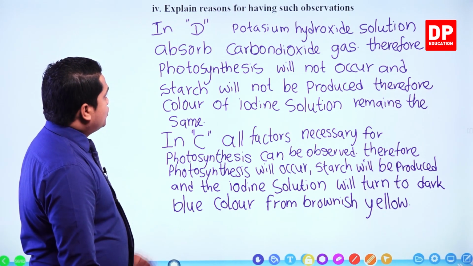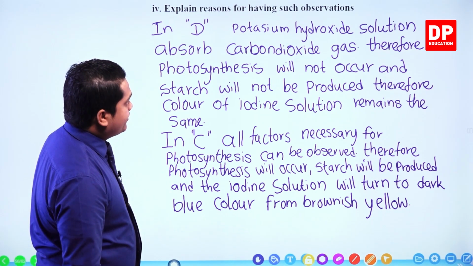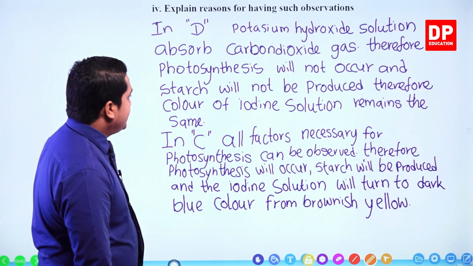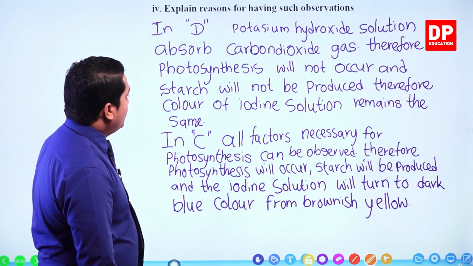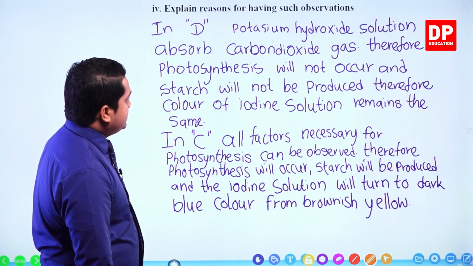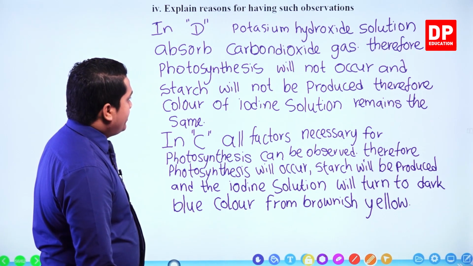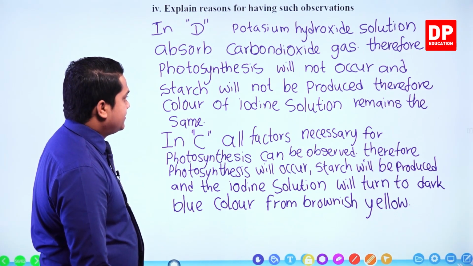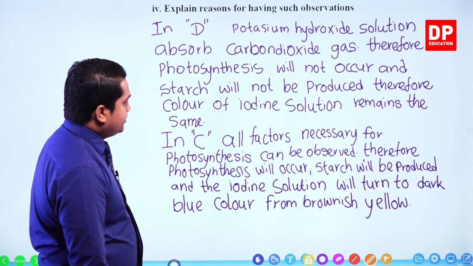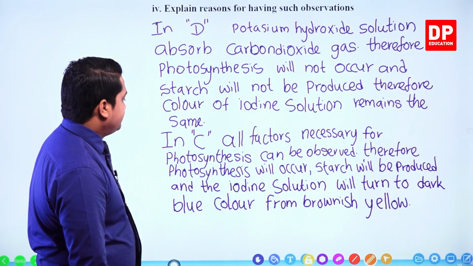Right. So my dear children, once again, in D, potassium hydroxide solution absorbs carbon dioxide gas. Therefore, photosynthesis will not occur and starch will not be produced. Therefore, the color of iodine solution remains the same.